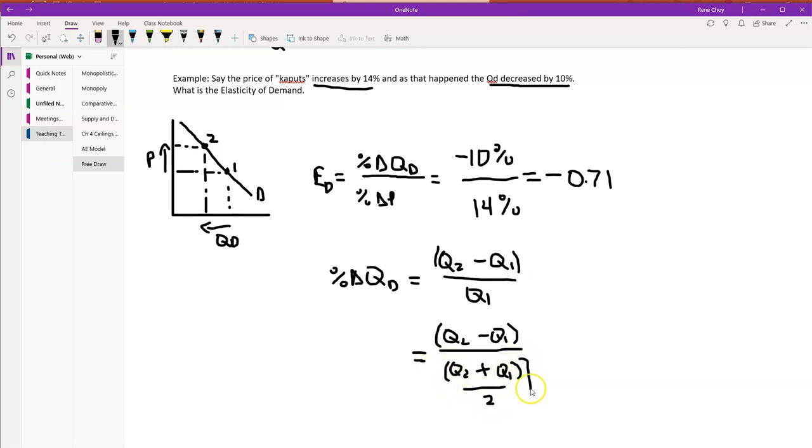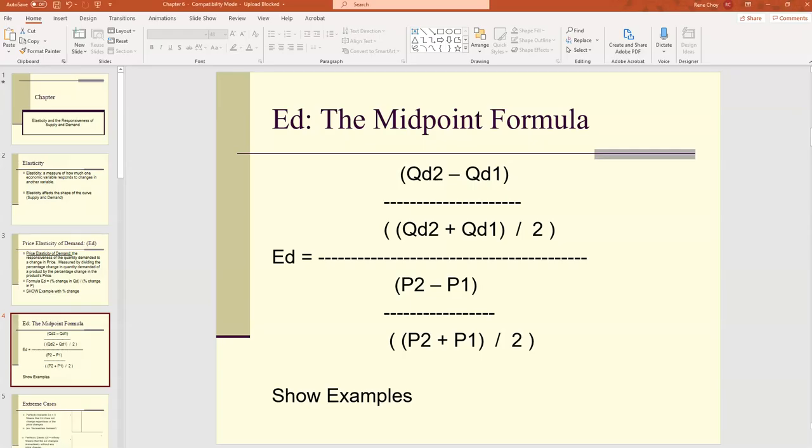And that becomes percentage change in quantity demanded. Okay? So the elasticity of demand will be percentage change in quantity demanded at the top using the midpoint formula divided by percentage change in price using the midpoint formula. And again, the difference is we use the average on the denominator.